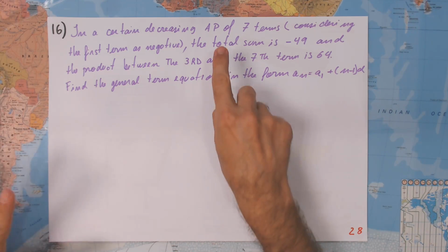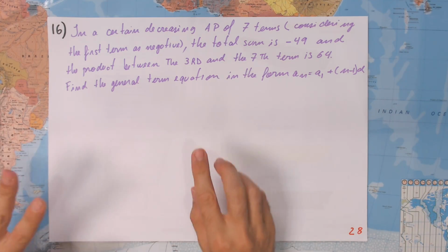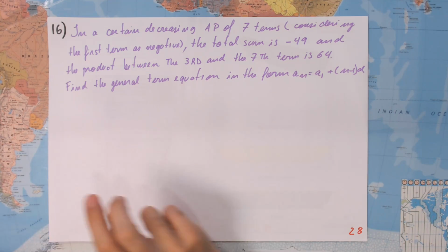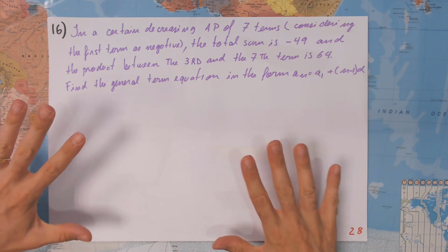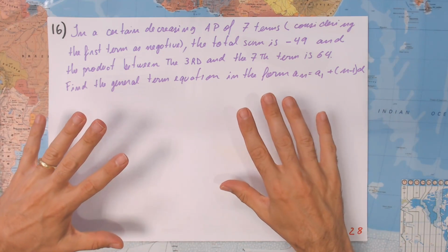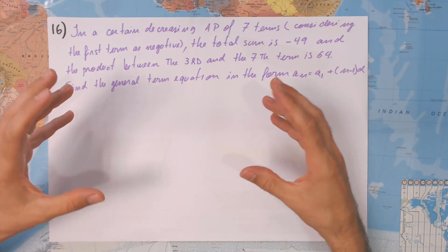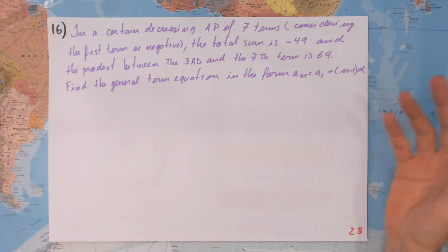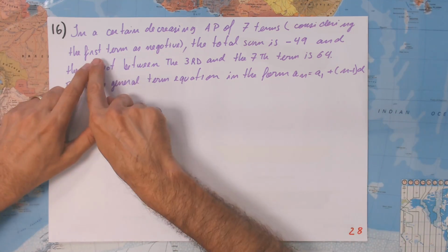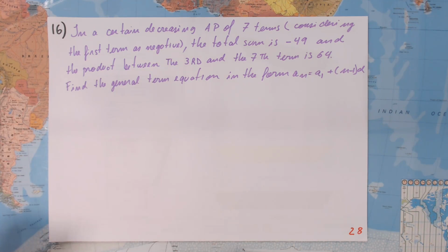So I have this arithmetic progression. It has 7 terms, and maybe in the middle of the resolution you are going to find 2 possible values. Which one are you going to choose? Well, it must be one that makes the first term a negative one.